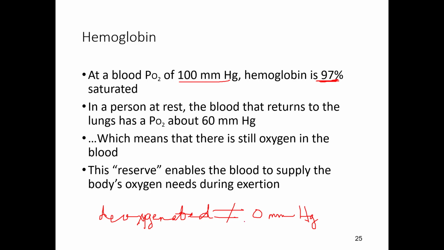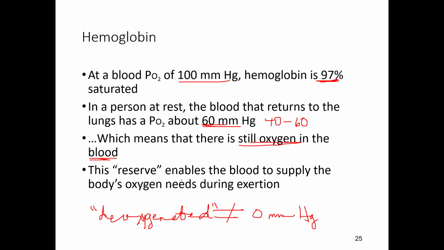I mean, that's just not possible. But it has something, 60 is what it says here, 40 to 60 would be kind of reasonable. All right. So there is still oxygen in deoxygenated blood. So deoxygenated blood is really kind of a bad term. What we call deoxygenated, we should say low oxygenated would be a better term. But they didn't ask me. So there's always some oxygen in the blood.